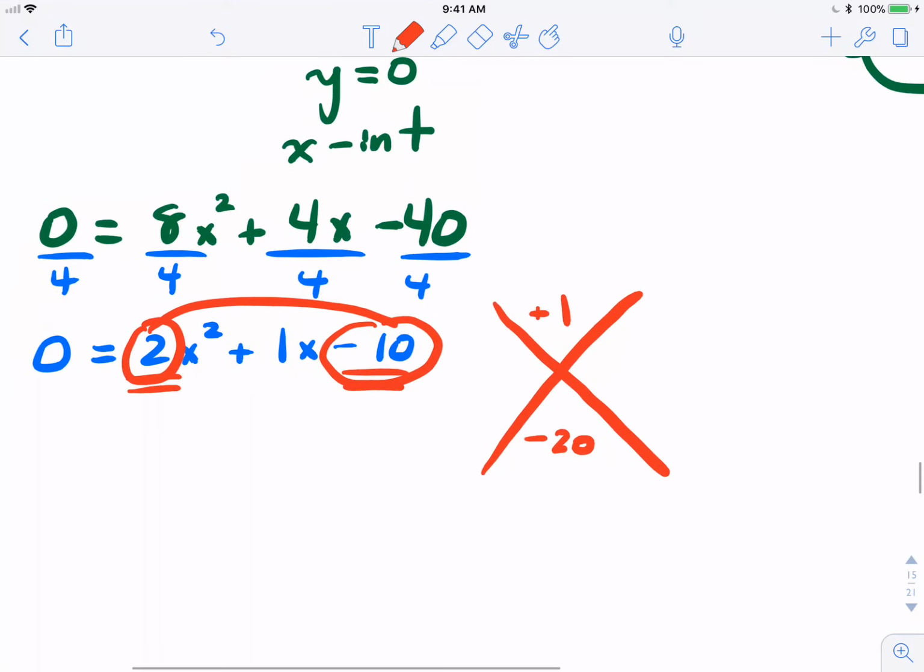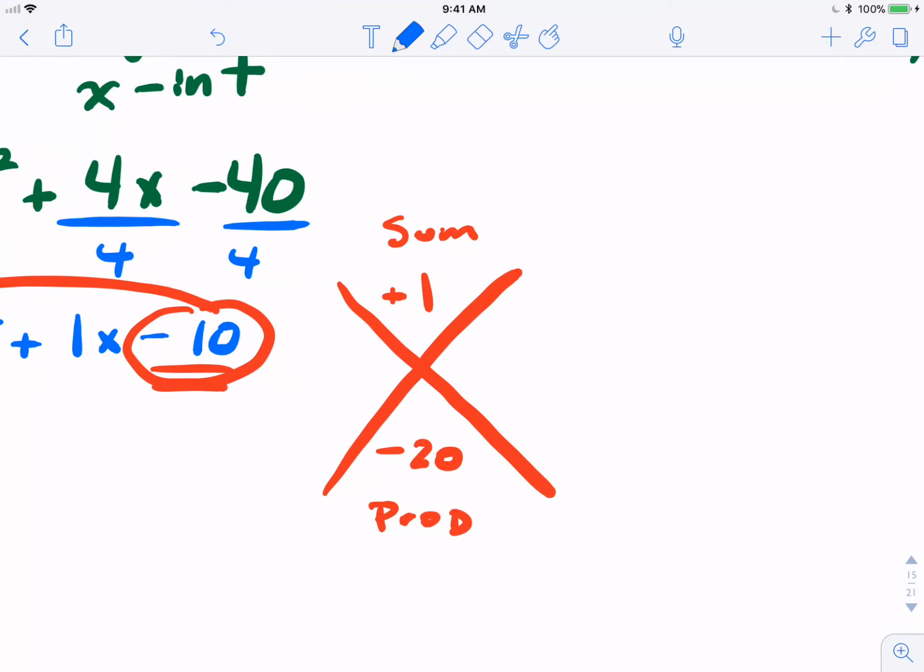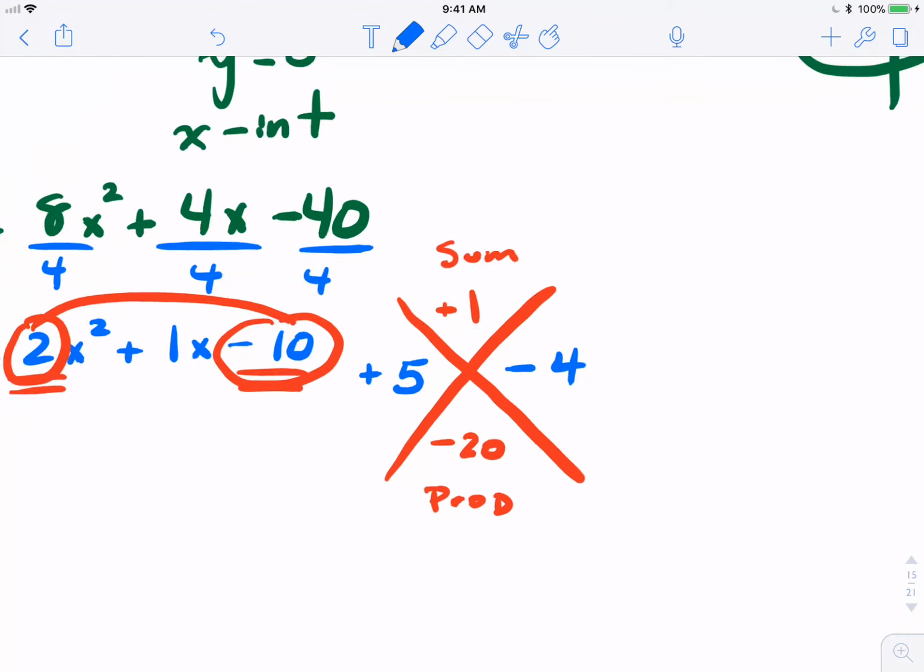The sum never changes. So we're looking for two numbers that accomplish this. Negative product means we have one positive and one negative. And they do have to be 1 apart. Playing around, 20 doesn't have that many factors. You'll eventually arrive at positive 5 and negative 4.